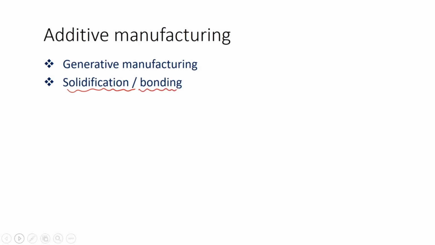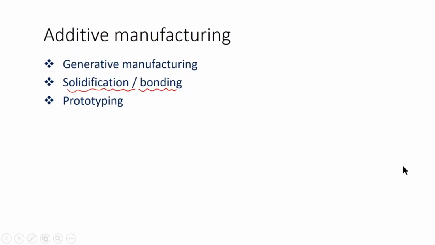So, we are liquefying the material, and then the material will be allowed to solidify. During solidification, it will get bonded to the layer, to the other material. Additive manufacturing is very useful in the development of prototypes.